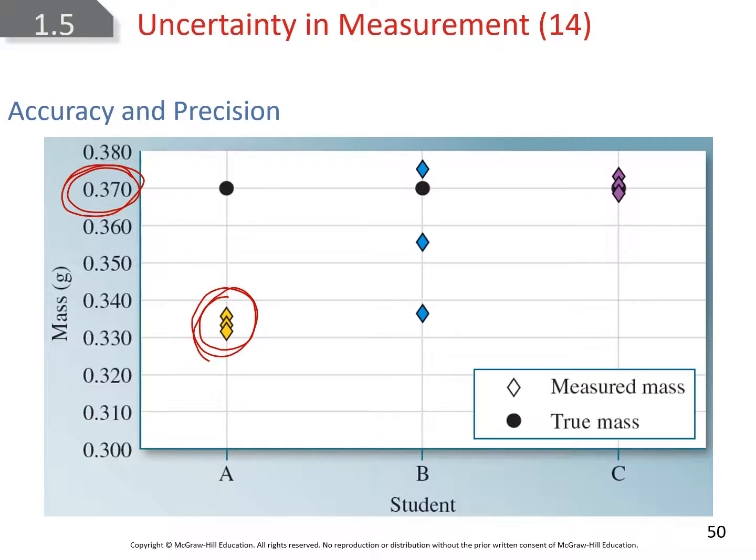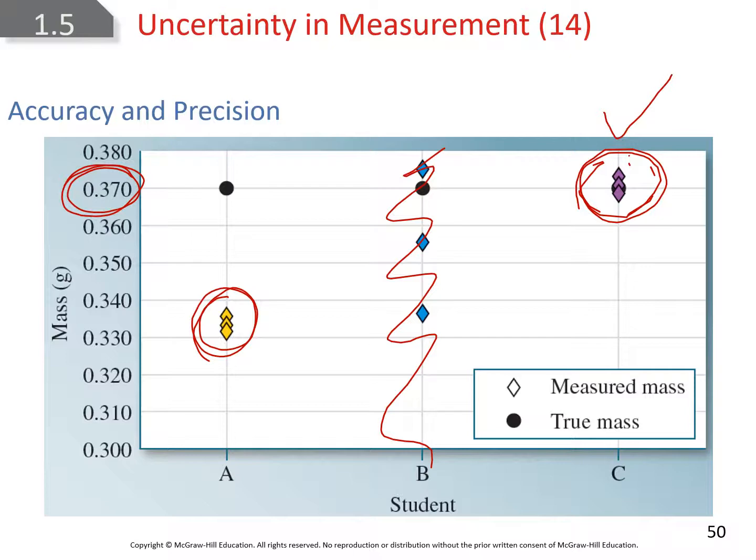Student C, still pretty accurate also. Student B, he's all over the place. It's terrible. He's going to get fired from his job. But student C not only hit the bullseye pretty accurately, but they were also able to repeat it multiple times. So now student C is our winner for both accuracy and precision.